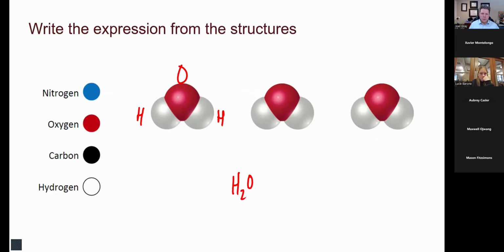But what you do not do is take the number of these individual molecules and apply that to each one of them. What I mean by that is we want to indicate that there are three H2O molecules, but the way we do it is by writing a number out front. This is known as a coefficient.